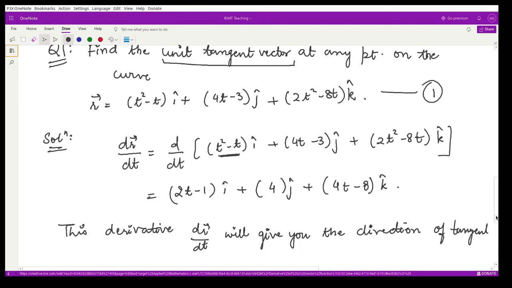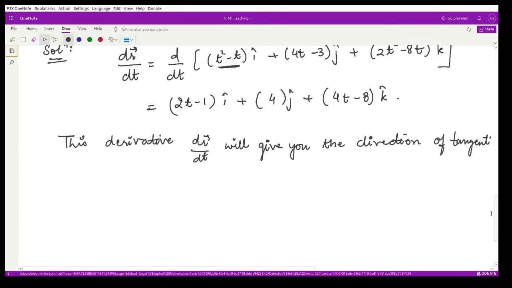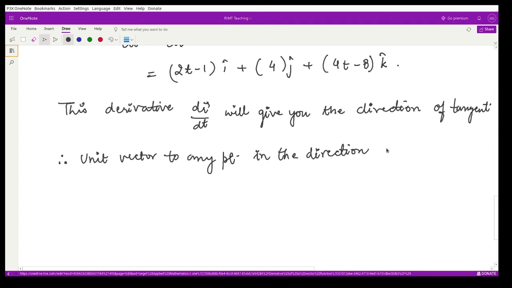No. Here you are asked to find the unit vector in the direction of tangent vector, right? So what is the unit vector? Therefore we can say the unit vector to any point in the direction of tangent. What would be that? You will divide this vector by its magnitude.